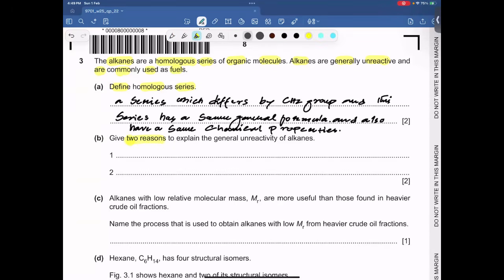Give two reasons to explain the general unreactivity of alkanes. Well, alkanes are also called paraffins. Paraffins means less reactive. And why? Because they don't have any functional group.